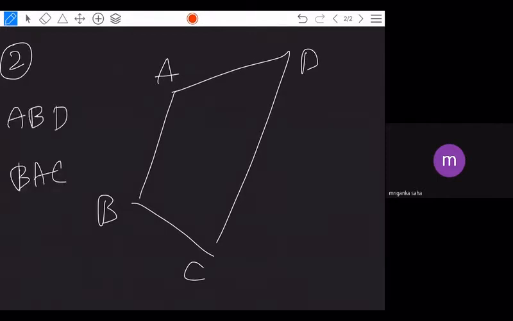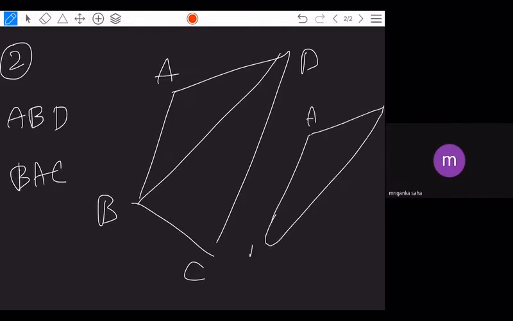So ABD triangle is nothing but ये है triangle. If you are getting confused, you draw the triangle separately side में. ये ABD है. देखो, ये दोनों join हो गया है. BAC triangle is nothing but this triangle.